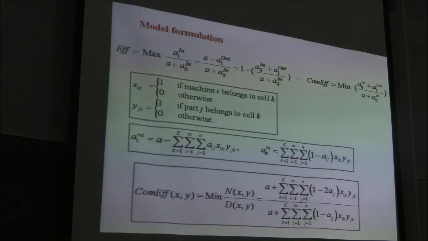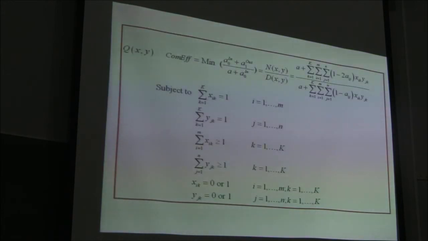Good. So, the model, or the cell formation problem model, is the following. You have the objective function here, as we specified before, and then the constraints are very straightforward. This is a very straightforward problem. You have to assign each machine to a cell. So you add up over all k the x_ik, and it must be equal to 1. Similarly, you have to assign each part to a cell.